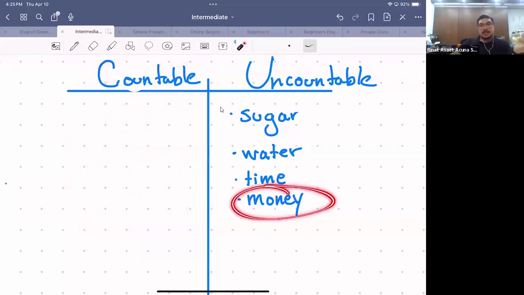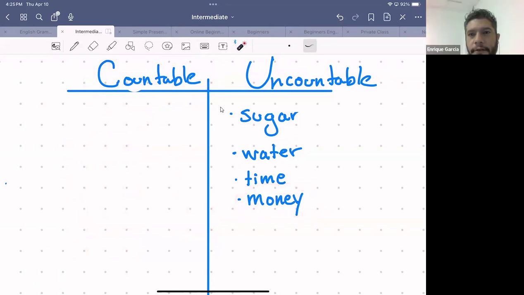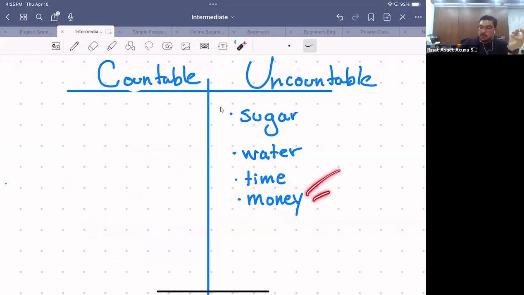But the money is not. It sounds weird. Se escucha raro, ¿no? It sounds weird, but the money is not countable. I can count everything derived from it, todo lo derivado, but the concept of money?